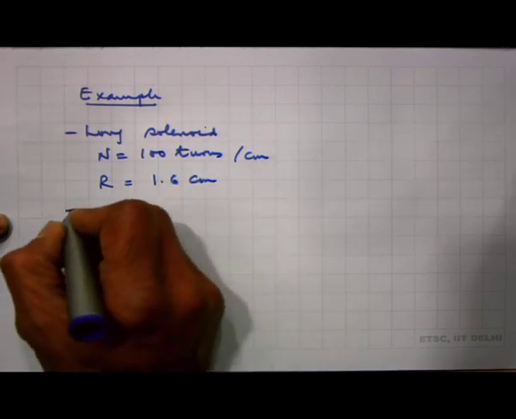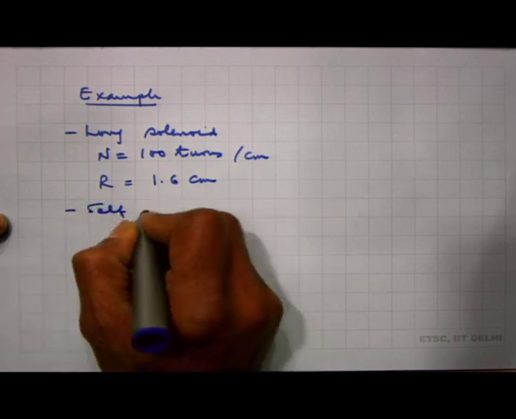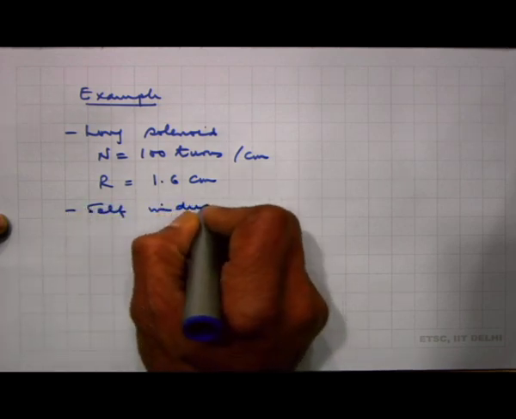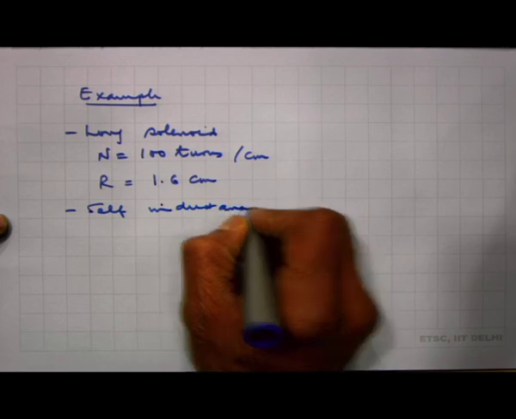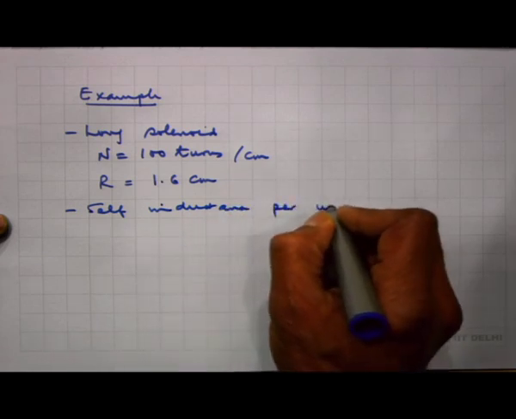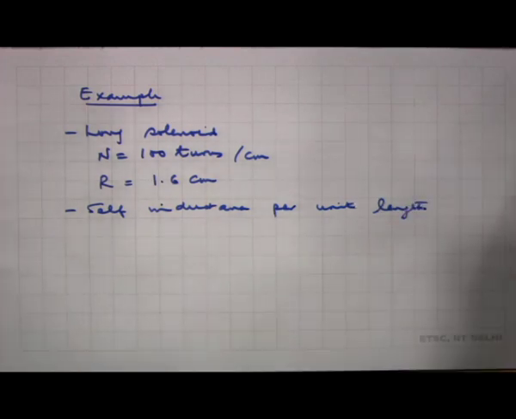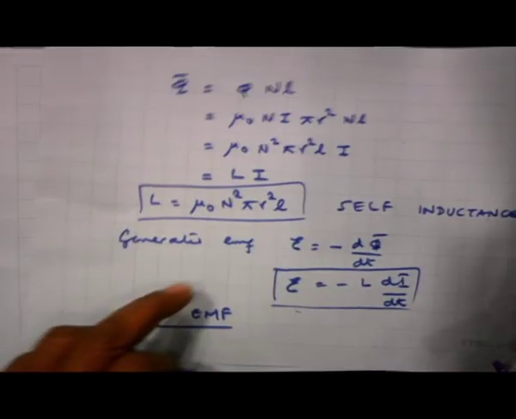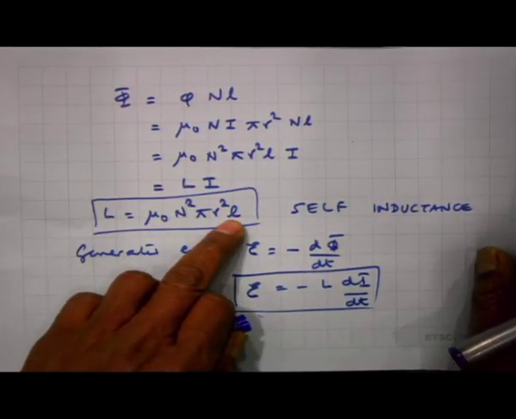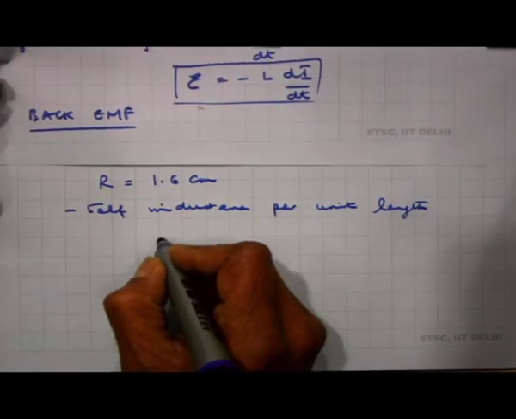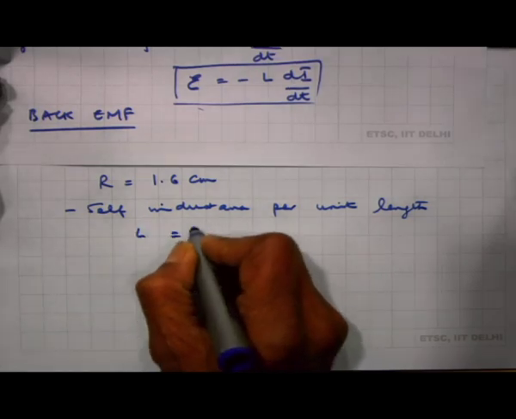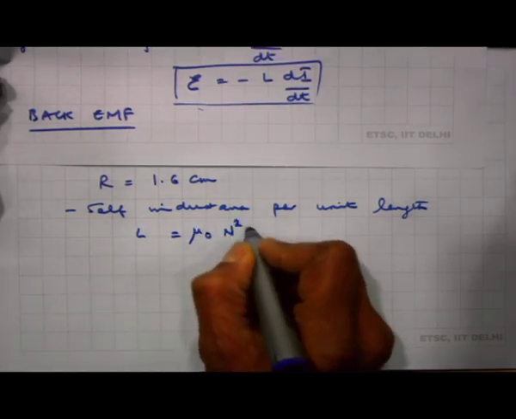I want to calculate self inductance per unit length. We had calculated self inductance here. This is the equation: L per unit length will be mu naught n square pi r square.